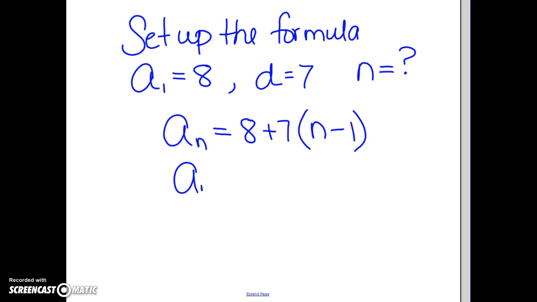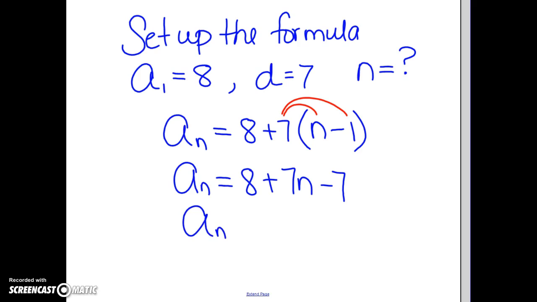My a sub n is equal to 8 plus, I have to distribute here, so 7 times n and 7 times negative 1. And now I can simplify.